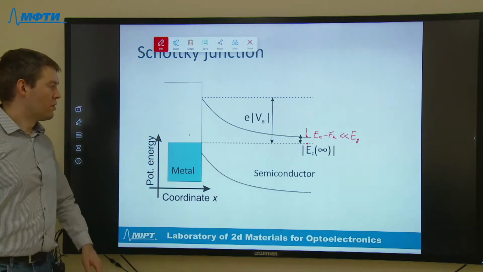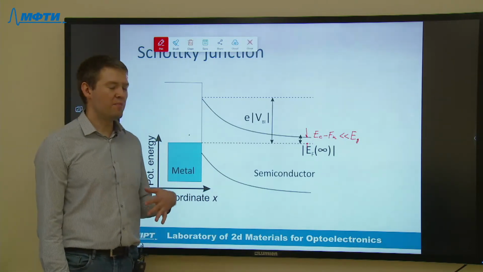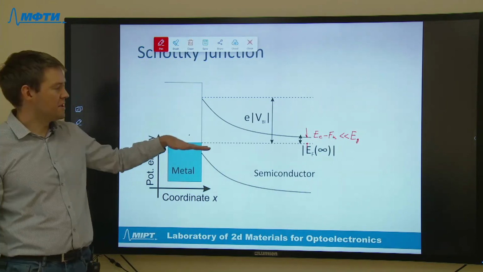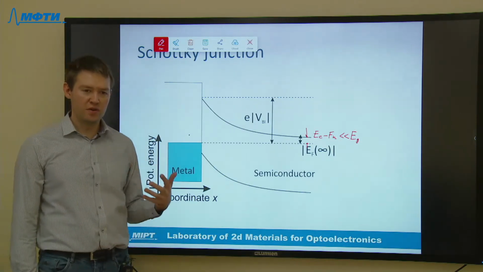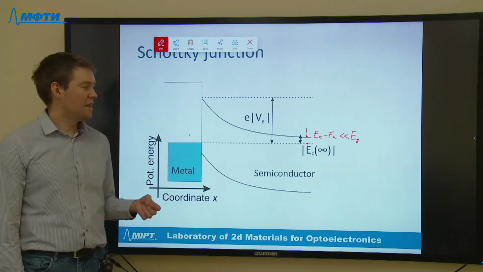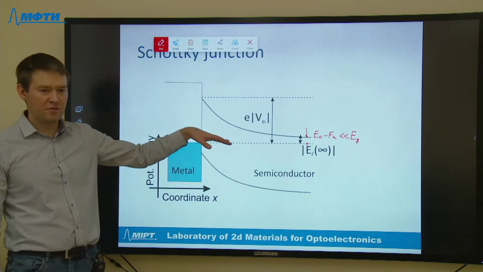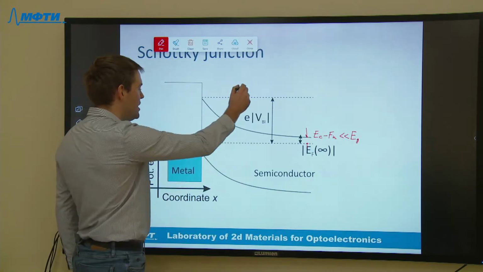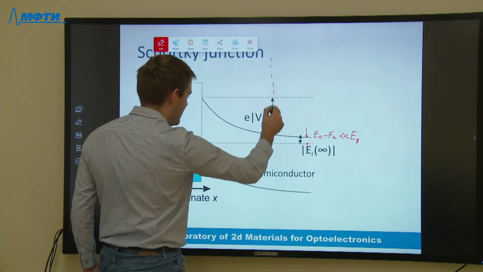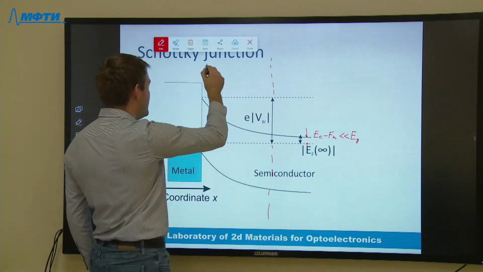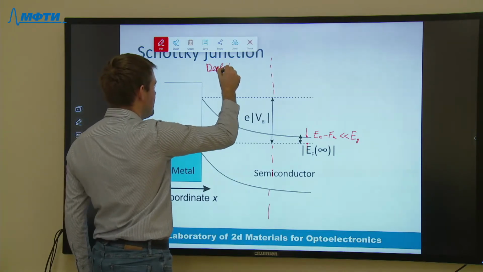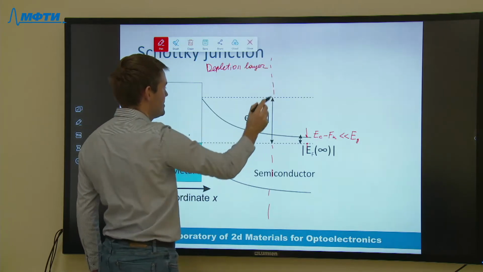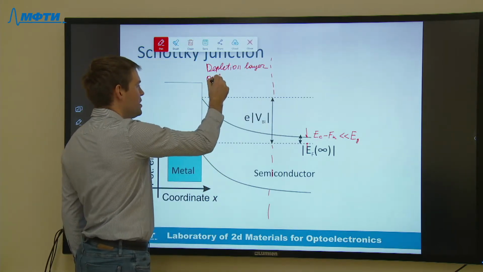We have already considered and proved that when we place this semiconductor in contact with metal, diffusion sets in and electrons start diffusing from the n-doped semiconductor into metal. Here we have some depletion layer, and in this depletion layer, we have almost no electrons and only donors.